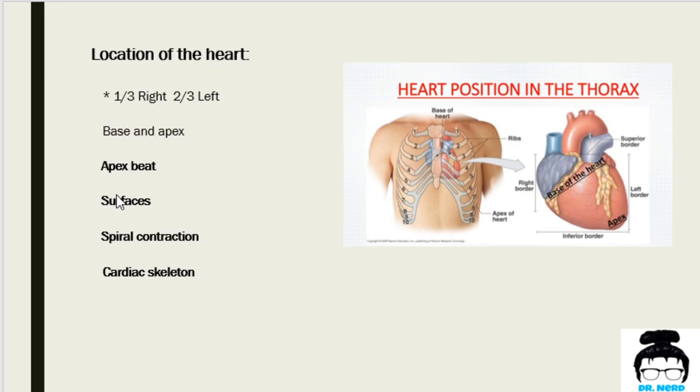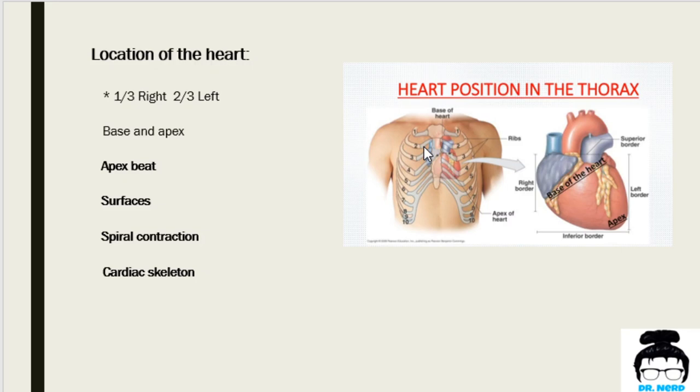Now, for the surfaces of the heart, there is the diaphragmatic surface, which is attached to the diaphragm, which lacks the fibrous pericardium that we talked about. The fibrous pericardium is absent in the diaphragmatic surface. There is the sternocostal surface, which is just behind the sternum, and there is a right and left surfaces.